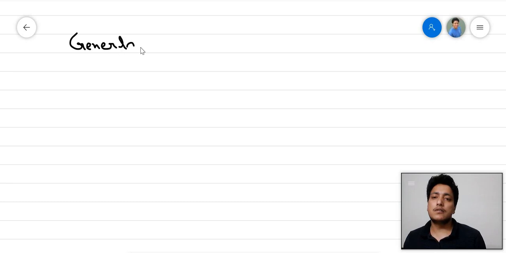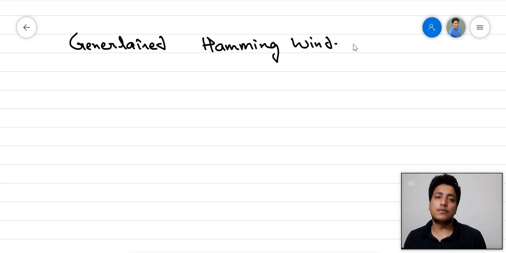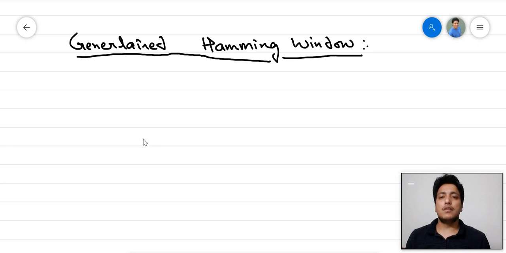So we will start with the generalized Hamming window. In the previous lectures we have seen the rectangular window.